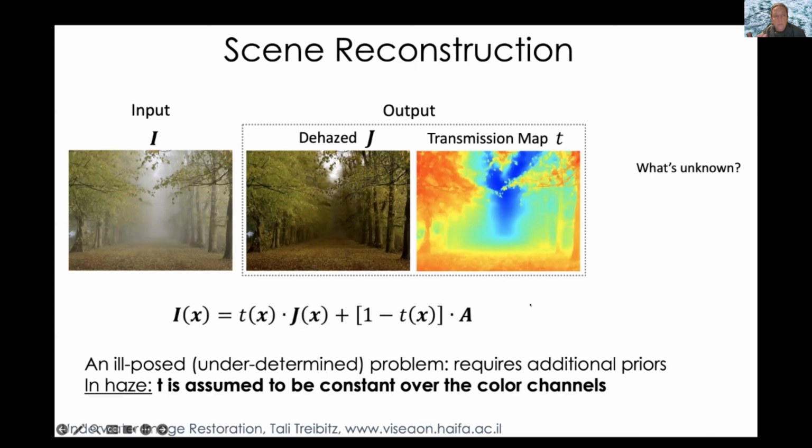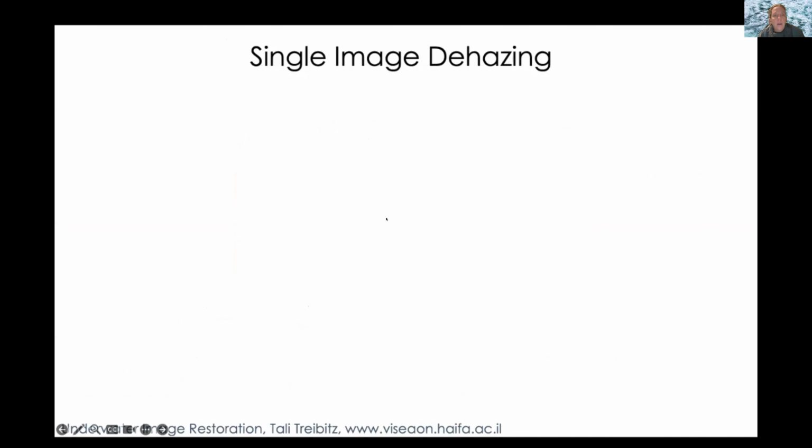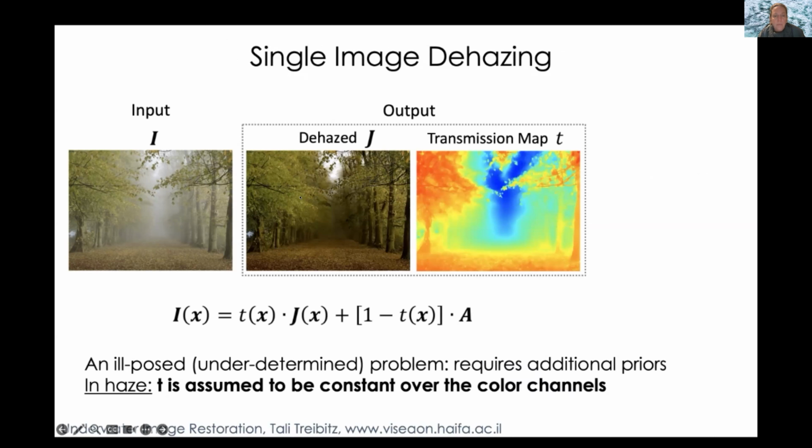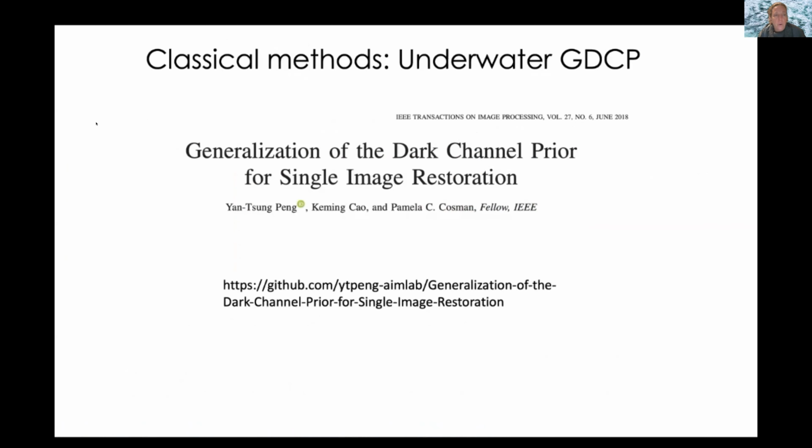People came up with interesting different image priors on how natural images are supposed to look without haze or without water. How can we characterize the image that we aspire to get? Okay, so there are many priors that were proposed.